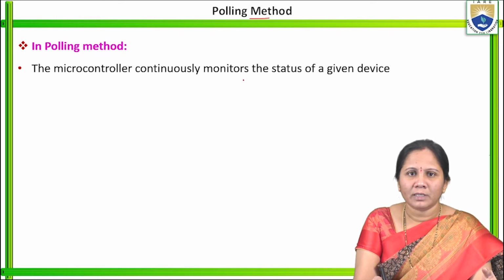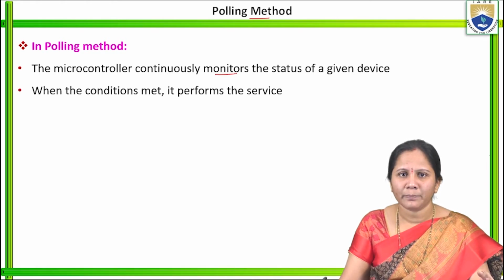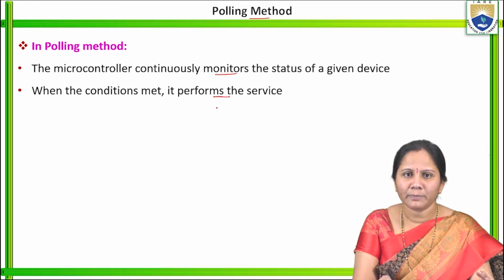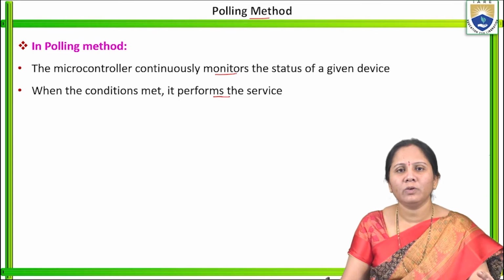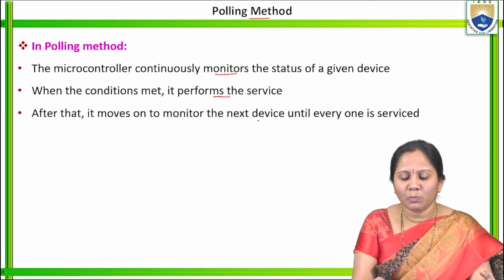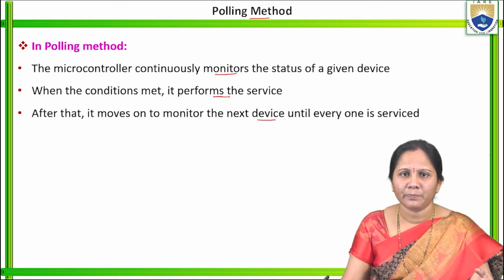In the polling method, the microcontroller continuously monitors the status of the given device. When the device condition is met, only then does it perform the service. After that, it moves to monitor the next device until everyone is serviced.